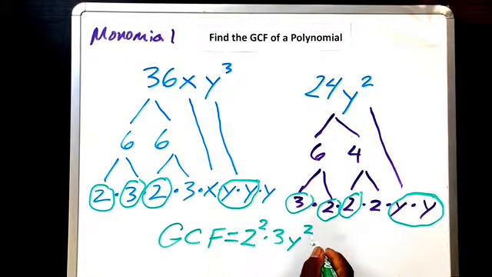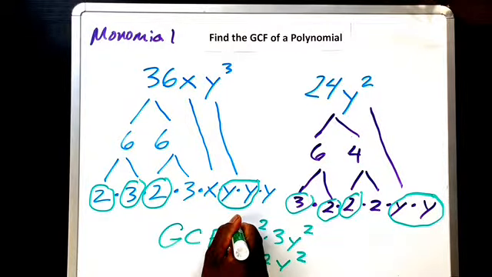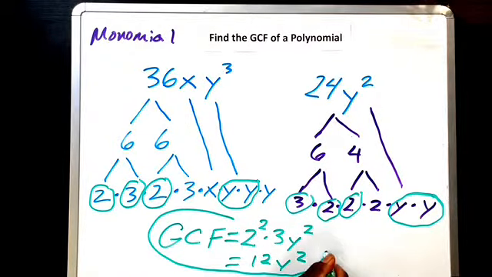And if we wanted to simplify that, we could also say 2 times 2 is 4, so 4 times 3 is 12, so that's 12 times y squared, okay? There we go. So the greatest common factor is 12 times y squared.